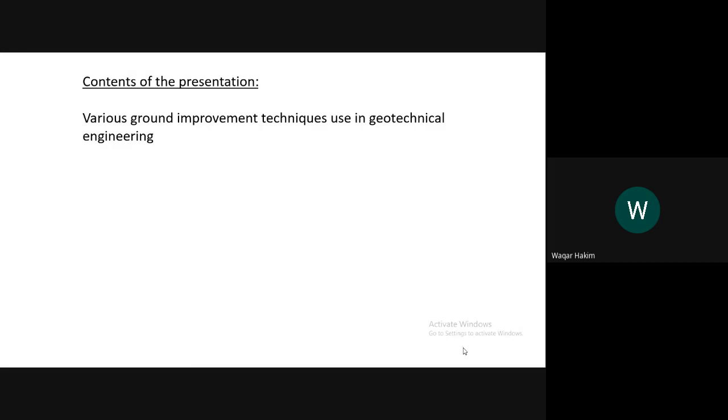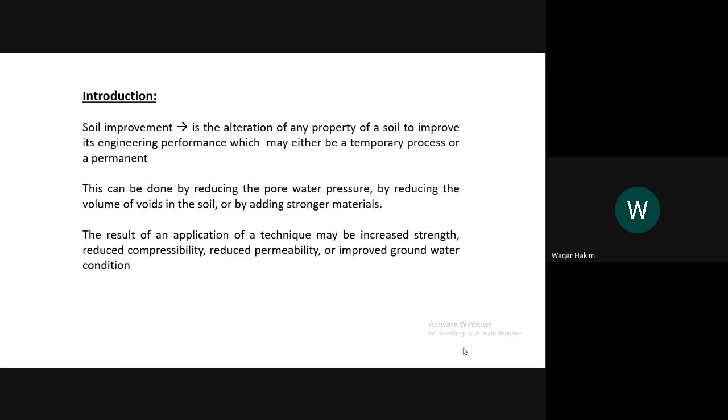The content of the presentation is various ground improvement techniques used in geotechnical engineering. Starting with the introduction, soil improvement is the alteration of any property of a soil to improve its engineering performance, which may be either a temporary or a permanent process.